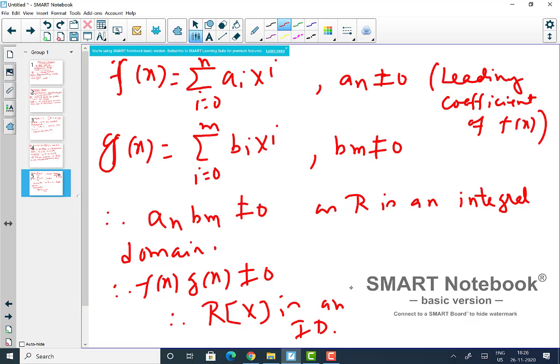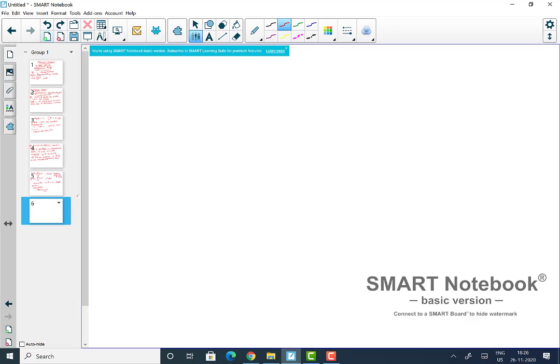Okay, maybe one more property before saying that. If you want to quotient out by an ideal, then what happens?